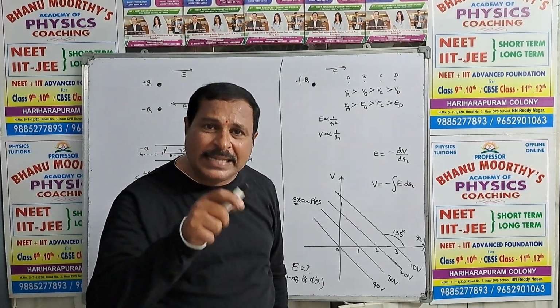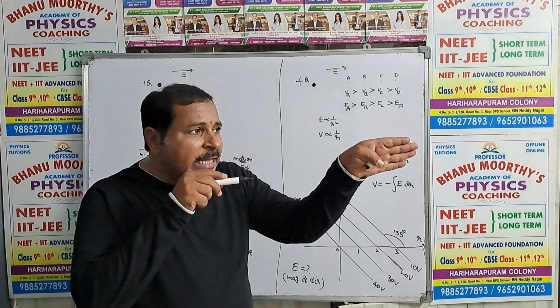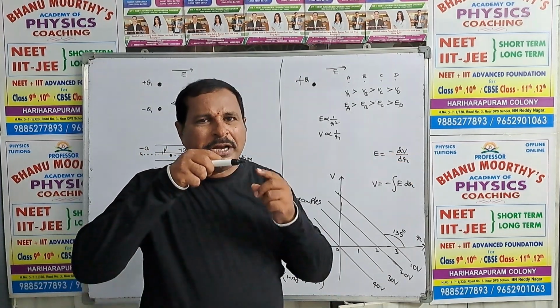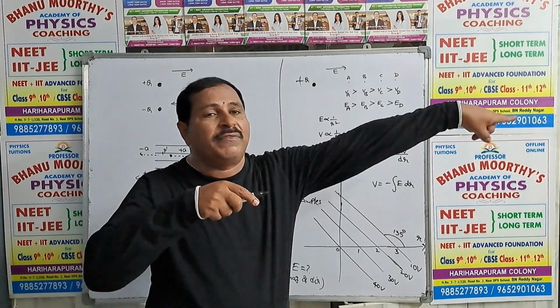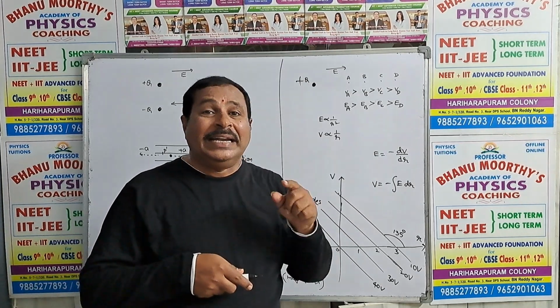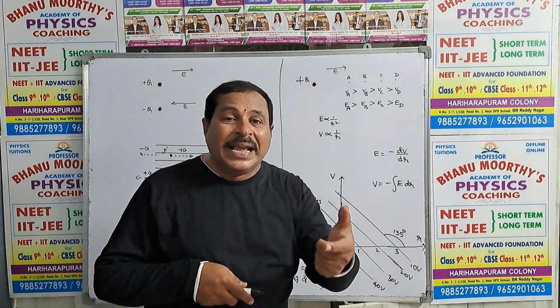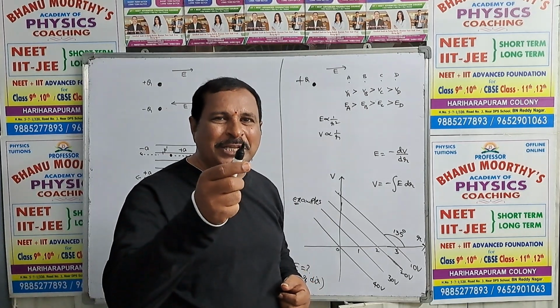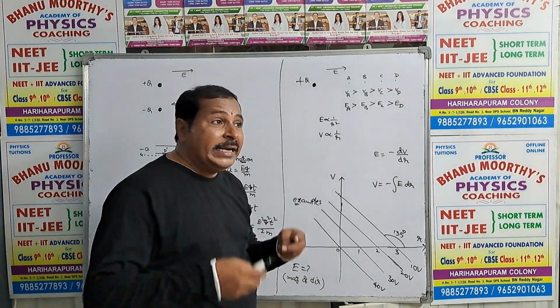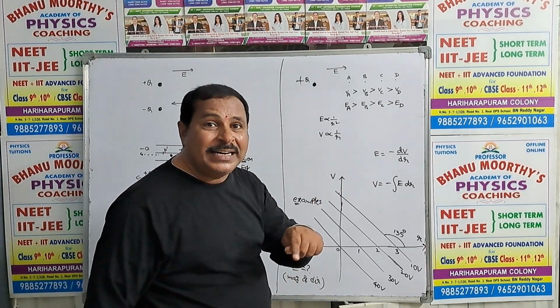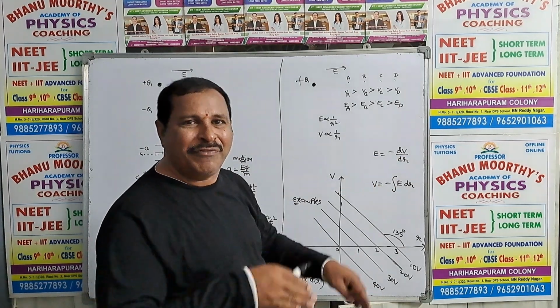Minus represents that the potential gradually decreases in the direction of electric field. So decrease is represented by negative sign. My dear students, remember this point, the significance of negative sign there. Decrease in the potential with the distance in the direction of field.